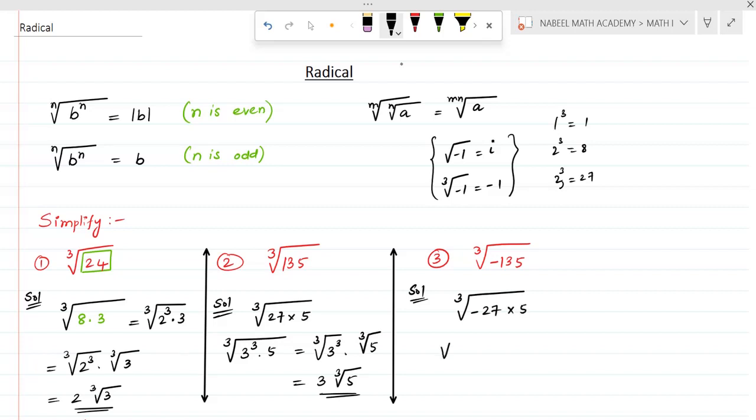So I can write it as minus 3 power 3 into 5. When you separate this part, you will have minus 3 into the cube root of 5. The minus will come outside since it is a cube.